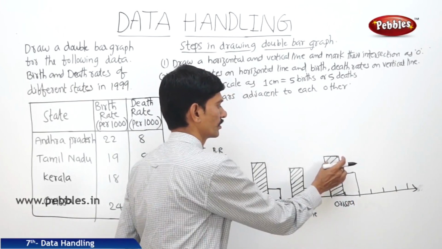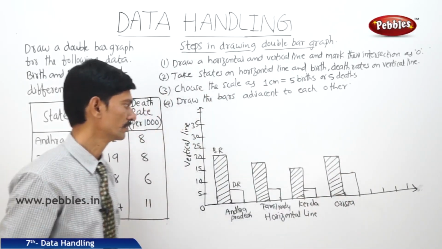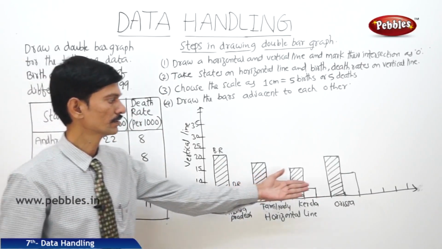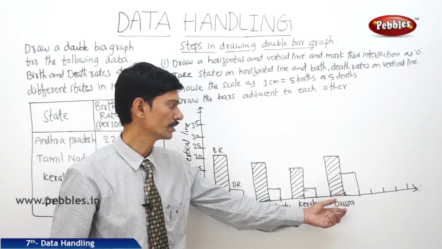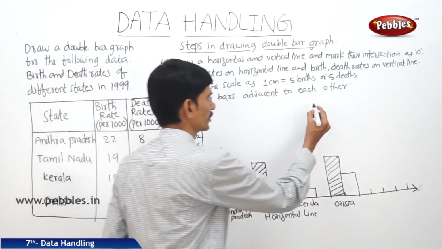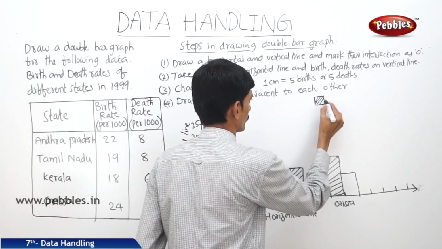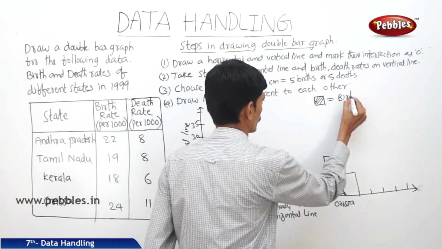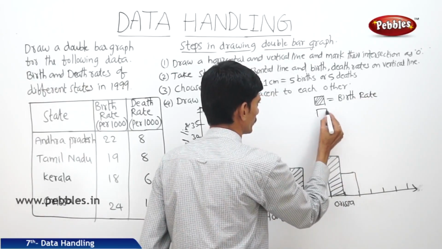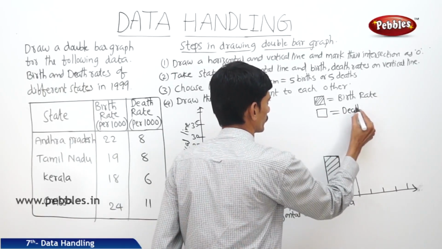Here also the shaded part represents the birth rate and the unshaded part represents the death rate of the state Orissa. Similarly, we can draw the bars for any state representing the birth rate and death rate. Here the shaded bar represents birth rate and the unshaded bar represents death rate.